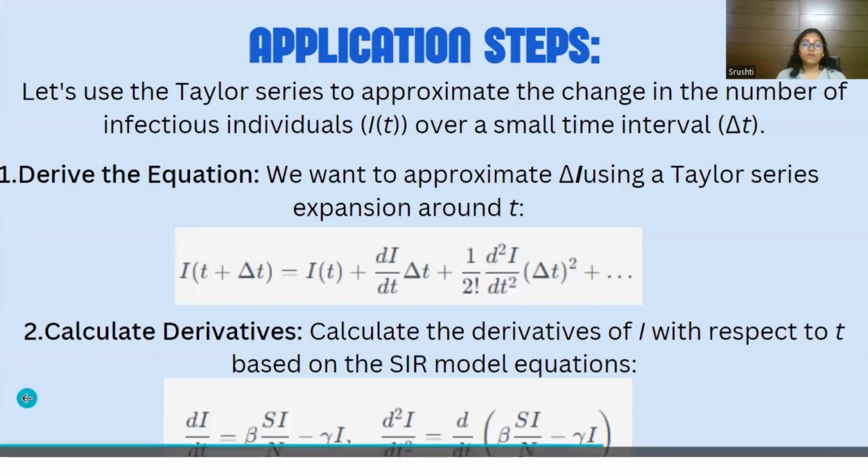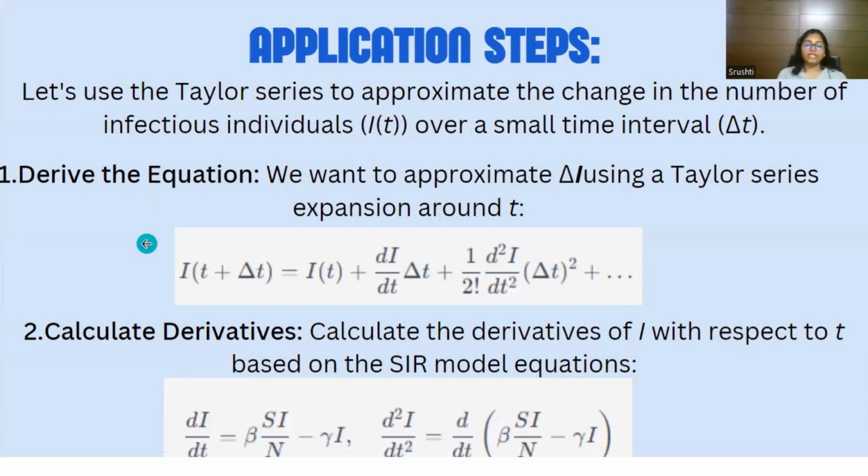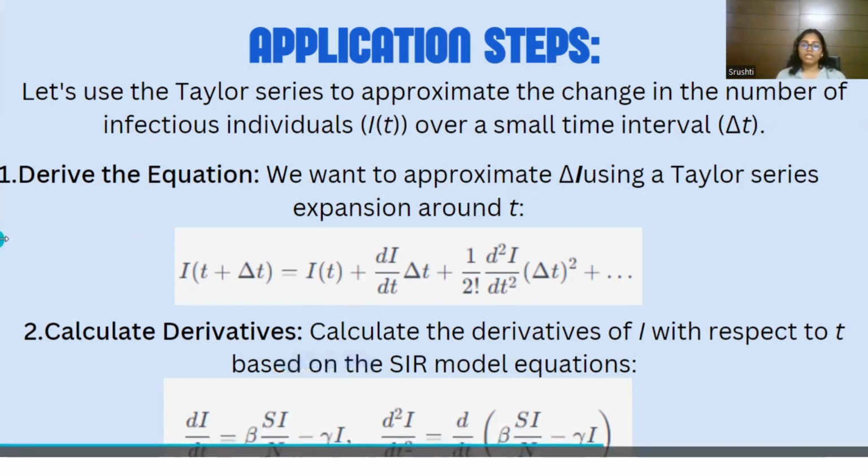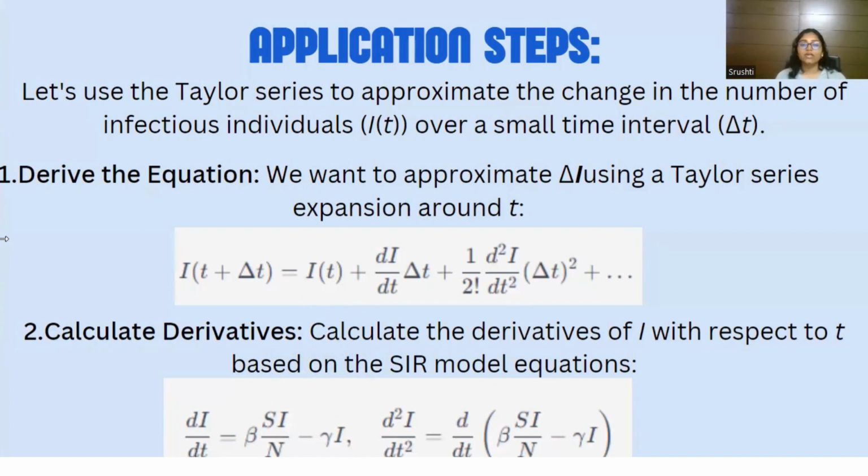Now let's see the formula for the derivative. dI by dt, that is infected divided by time, is equal to beta. Here beta represents the transmission rate of COVID-19. S represents the susceptible individuals, I represents the infected individuals, and N represents the constant population. Here gamma represents the recovered individuals, and I again represents the infected individuals.